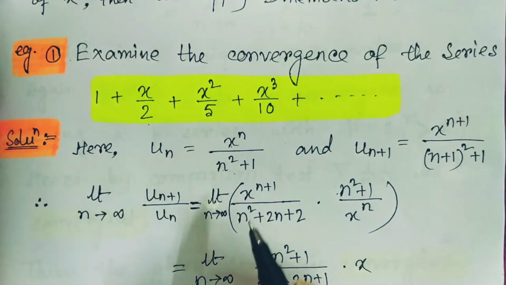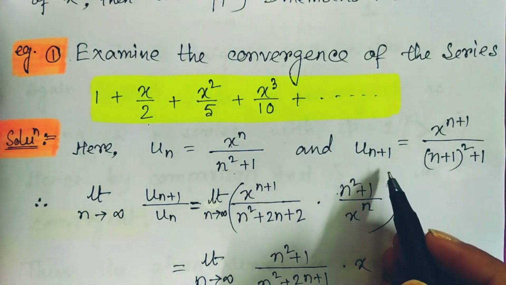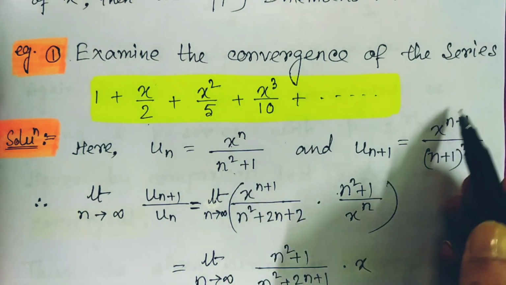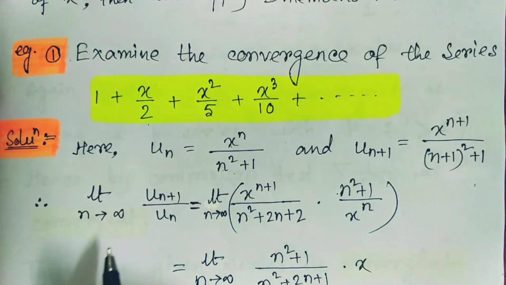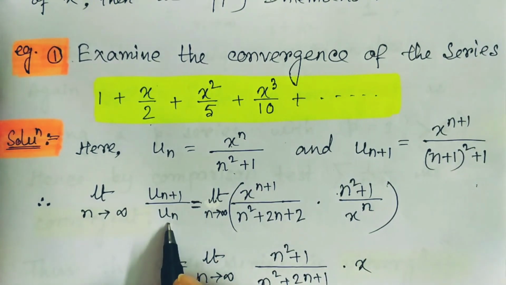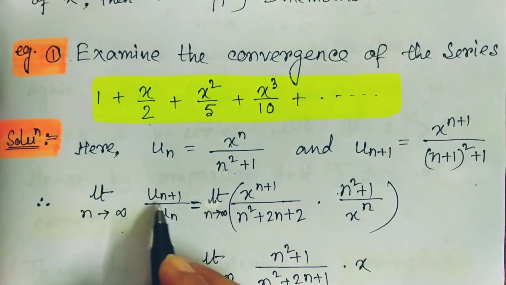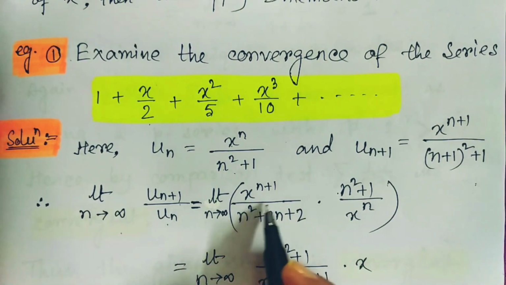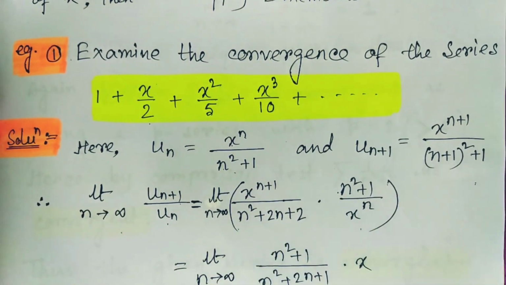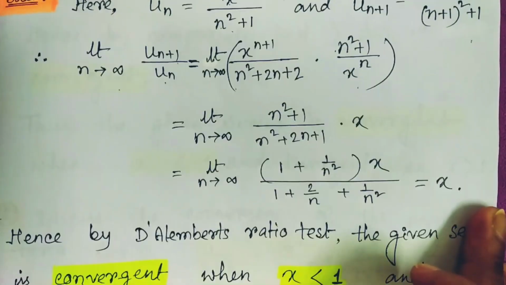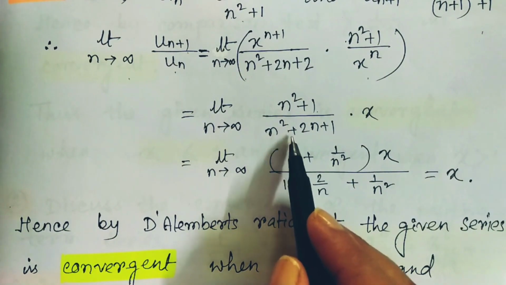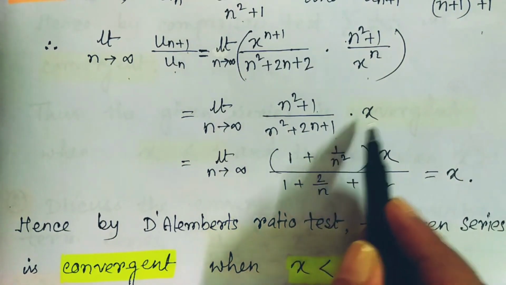After getting this, we should find out un plus 1. Just replace n by n plus 1, we will get the n plus 1 term, and then we take the ratio and its limit. So limit n tends to infinity, un plus 1 divided by un is equal to this one. We substitute and simplify, and we find n square plus 1 divided by n square plus 2n plus 1 into x.